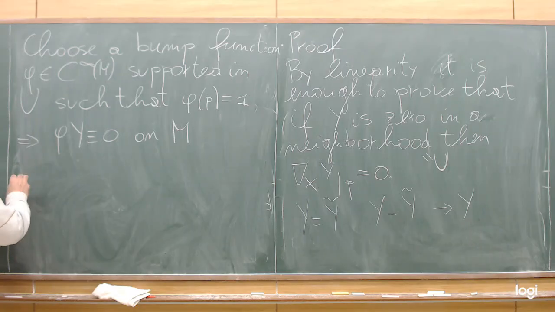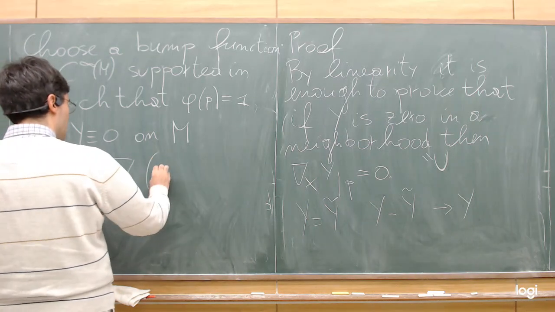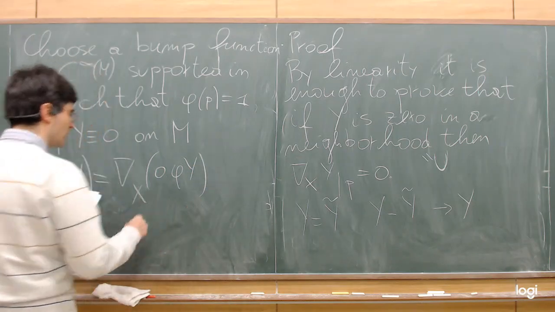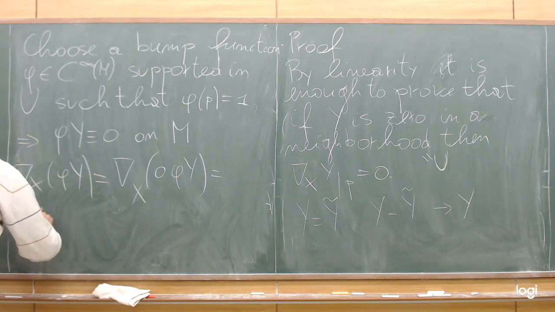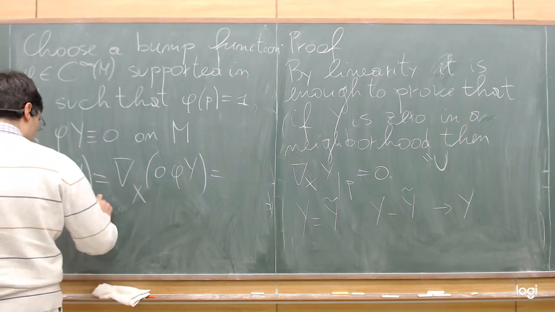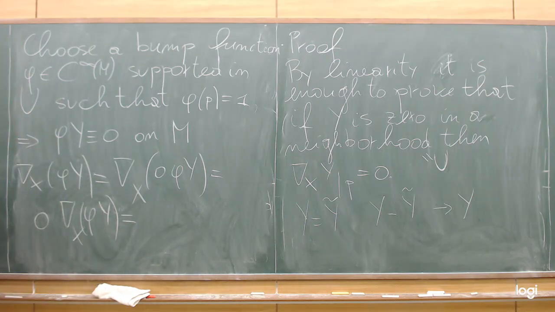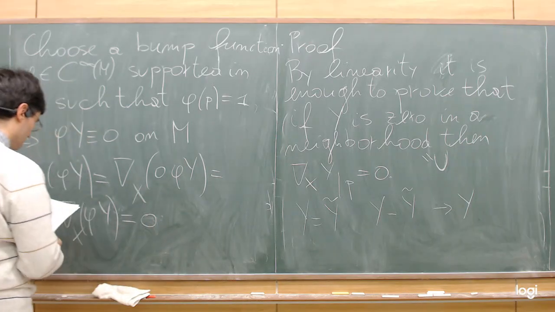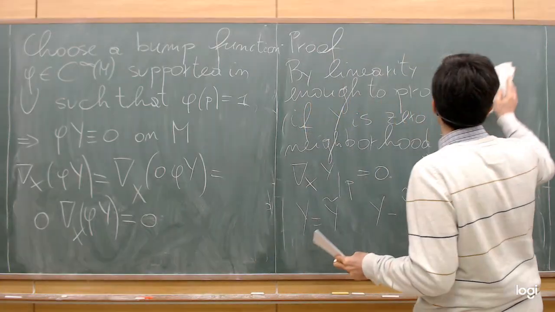Consequently, ∇_X of φY can be written as ∇ of 0·φY along X, and this is 0·∇_X(φY), and this is 0. So this follows from the linearity.